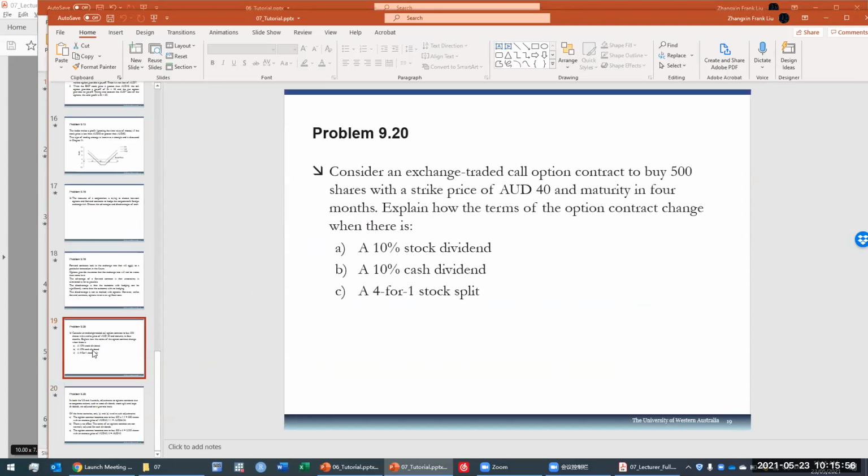In this case, the one principle for you to walk away knowing is that your whole settlement transaction volume, your dollar volume, should stay fixed. So if you think about it, we have 500 shares because you are going to buy 500 shares, and you have a strike price of $40.